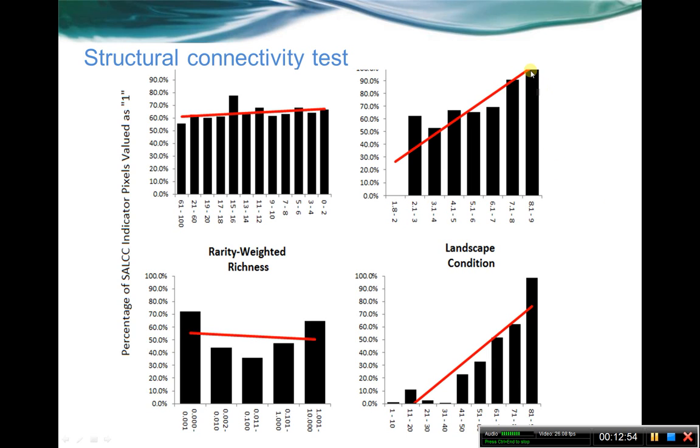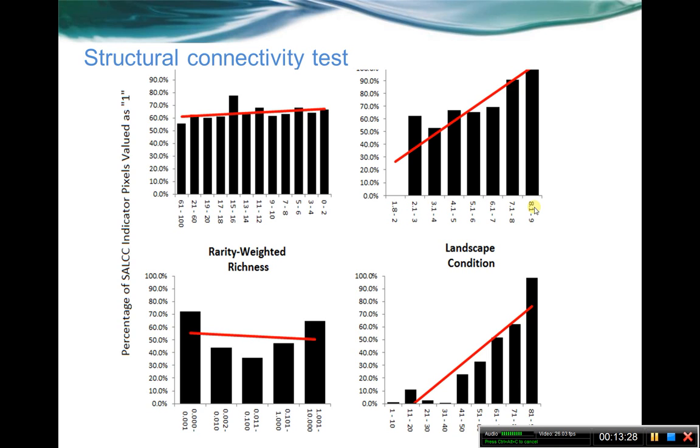This other one is the relationship between the plant community coefficient of conservatism and structural connectivity. In this case, we have a pretty nice relationship between these two. What that means is that a higher percentage of pixels with higher structural connectivity also corresponds with higher levels of the coefficient of conservatism in the plant community.